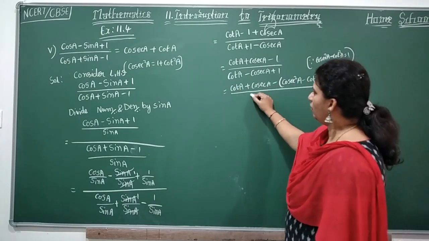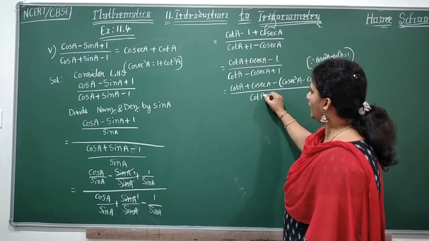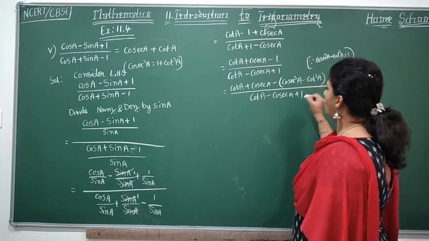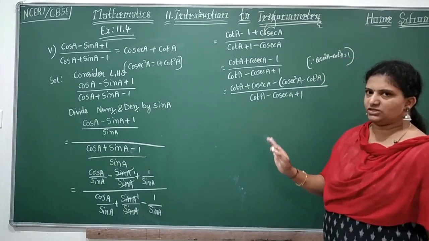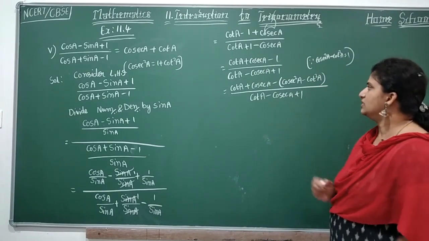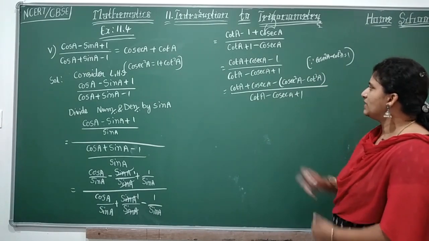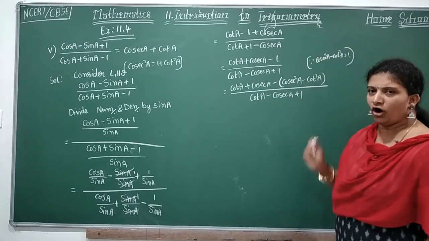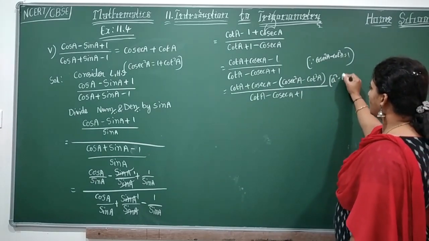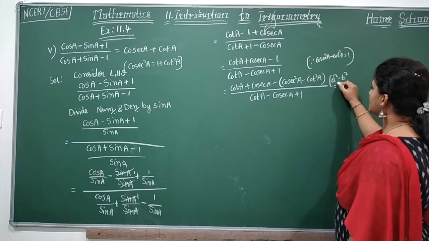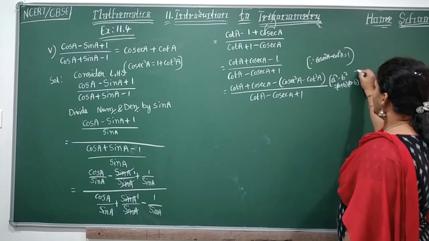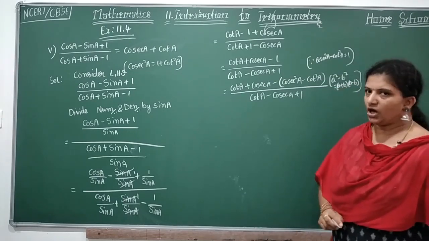Okay, now cot A minus cosecant A plus 1, denominator as it is. Denominator don't change. Only the numerator you change. Now look here carefully, children. So this is in which form? I think it looks like A square minus B square. What is A square minus B square? A plus B into A minus B. Okay.